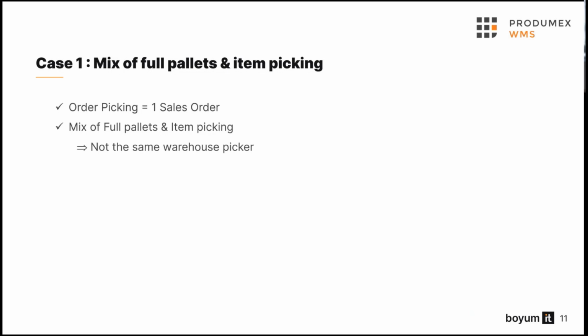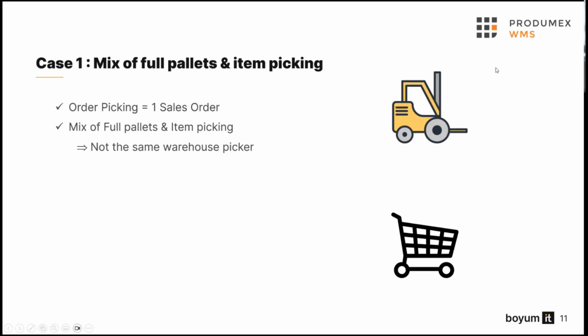The consequence is that it won't be the same warehouse picker, because one will be using a forklift truck and one will be on foot with a trolley, a cart, or even a single pallet. So it makes total sense to split the sales order into two different pick lists, because it's not the same picker.